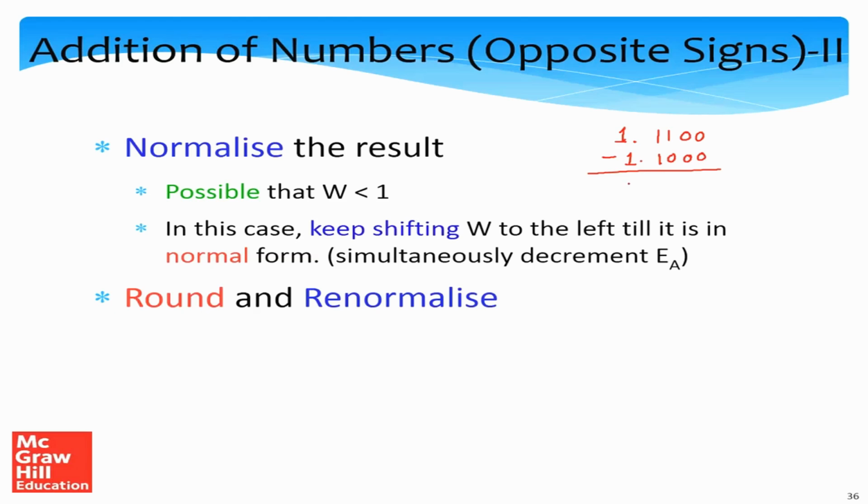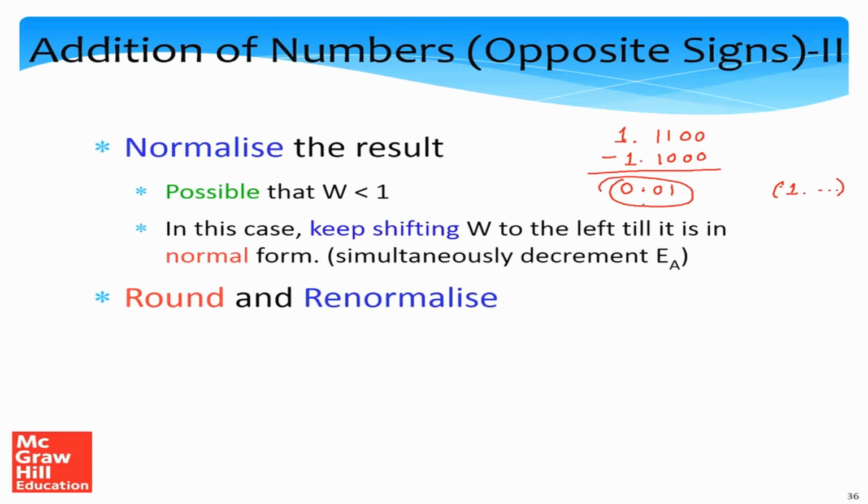The result will pretty much be 0.01, right? So this is not a valid significand. The reason it's not a valid significand is basically because it's not of the form 1 point something. This is one of the cases where the result W is less than 1.